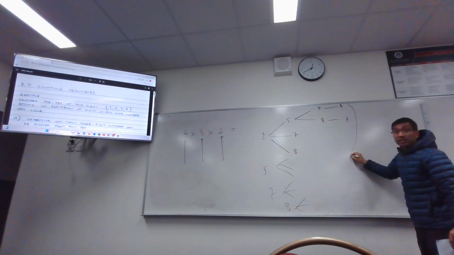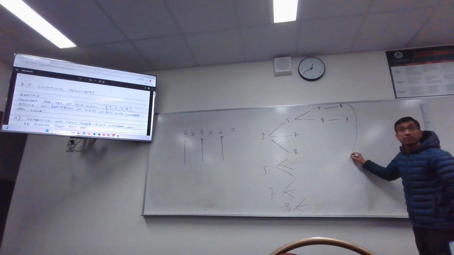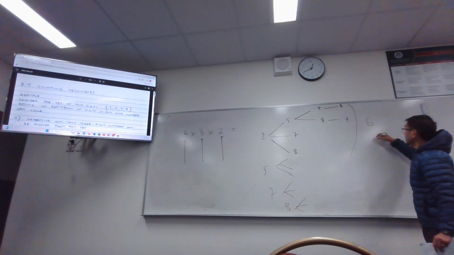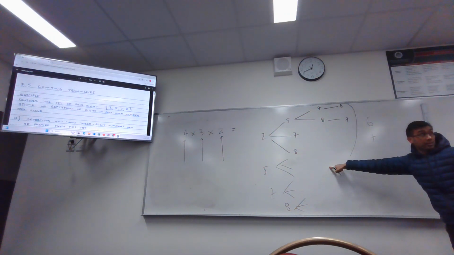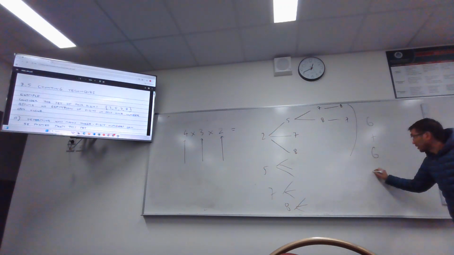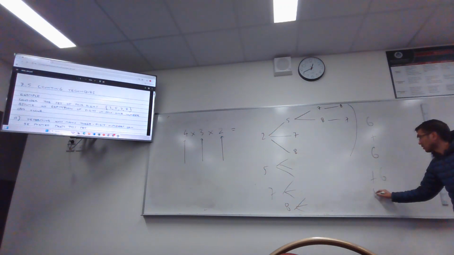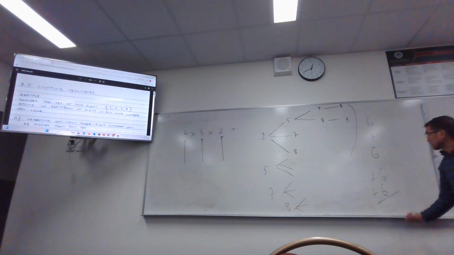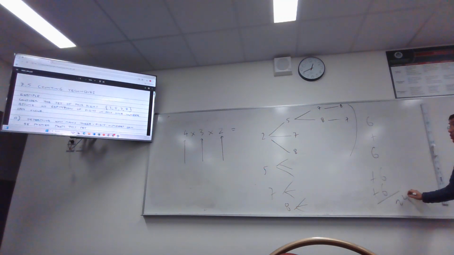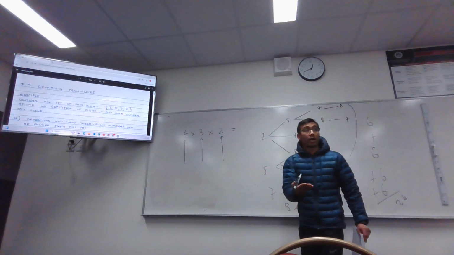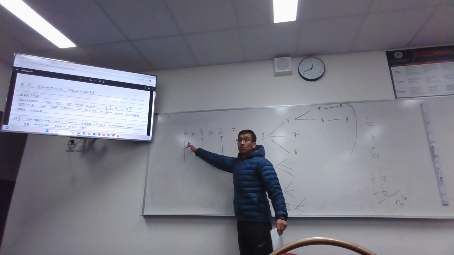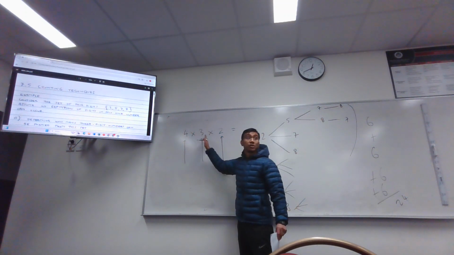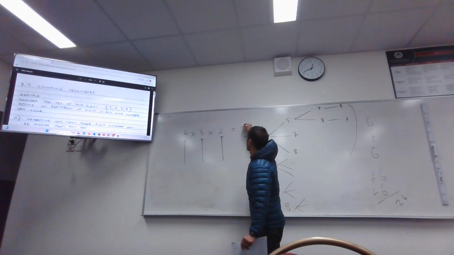How many branches does 2 have? 6. Plus another 6 for the 5s. And another 6 for the 7s. And then the 8s. Giving you a total of 24. The quick way is a 4 times a 3 times a 2. It's 24.